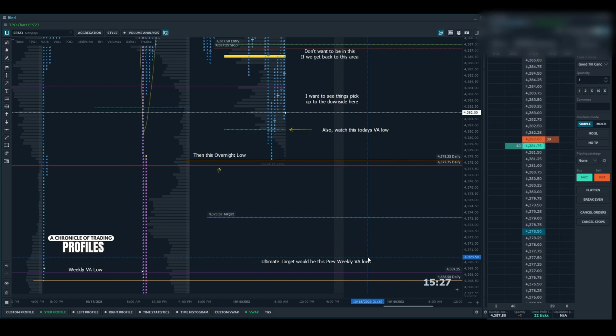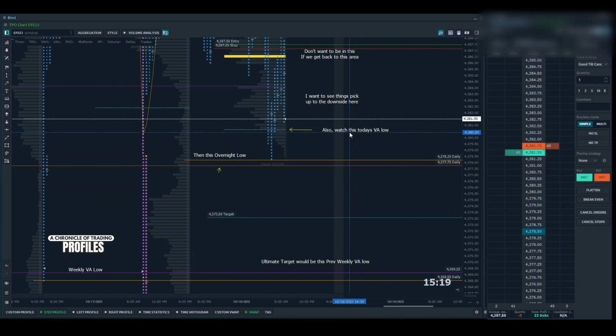Basically pointing out that that was my ultimate target, but you can see how I shifted as things didn't match up to my expectations.